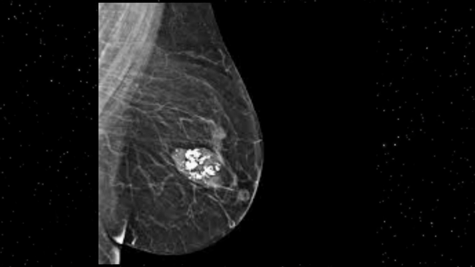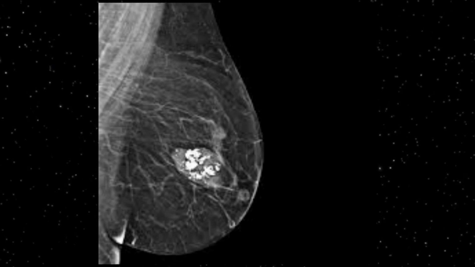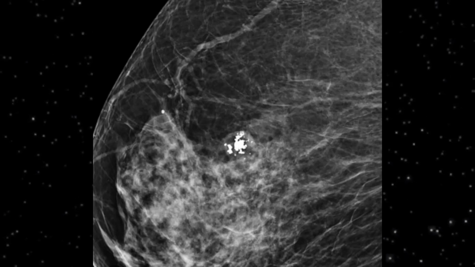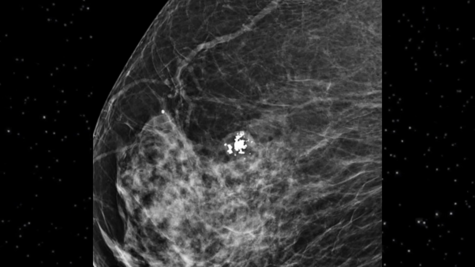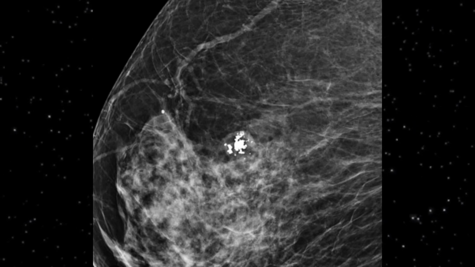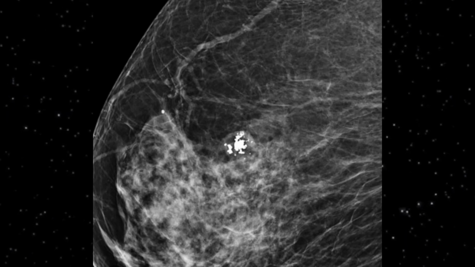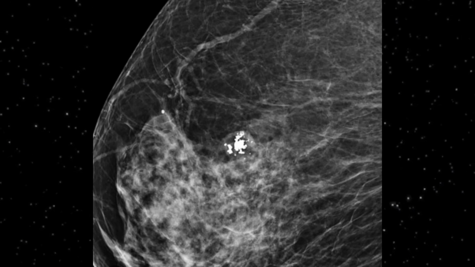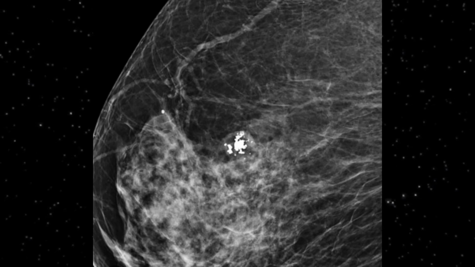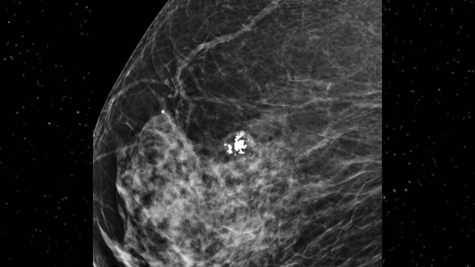In fibroadenoma, popcorn calcification would be benign, as fibroadenoma itself is a benign tumor. Another example of fibroadenoma, and in this view the calcification you are seeing is popcorn calcification. It's coarse in nature and usually has a popcorn appearance, and you will see this quite commonly in menopausal patients.